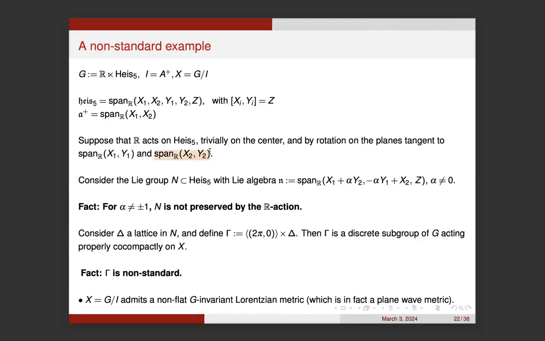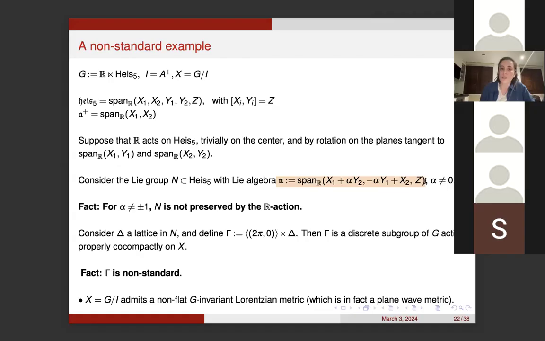It acts by the same rotation, let's say. Now I consider the Lie group N inside the Heisenberg group with the Lie algebra, this one, which contains the center. So this is a copy of the Heisenberg group of dimension 3 inside the Heisenberg group of dimension 5.